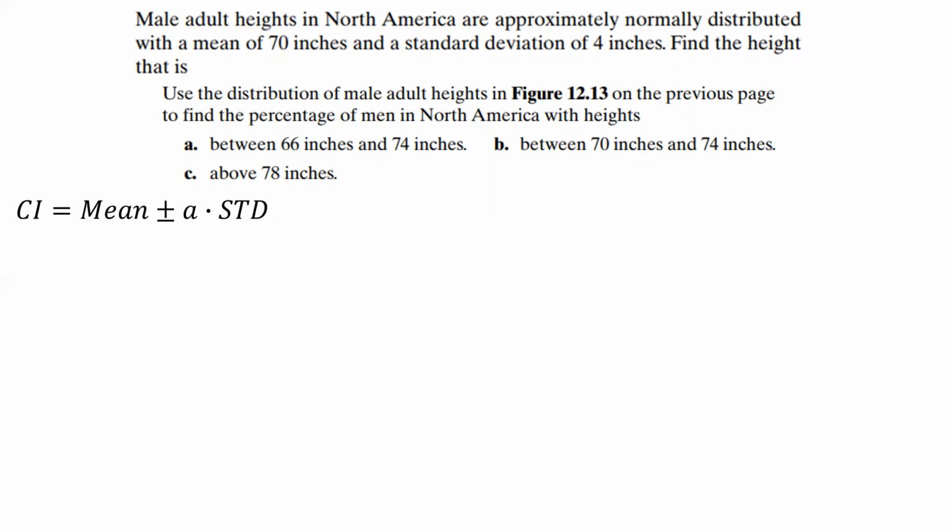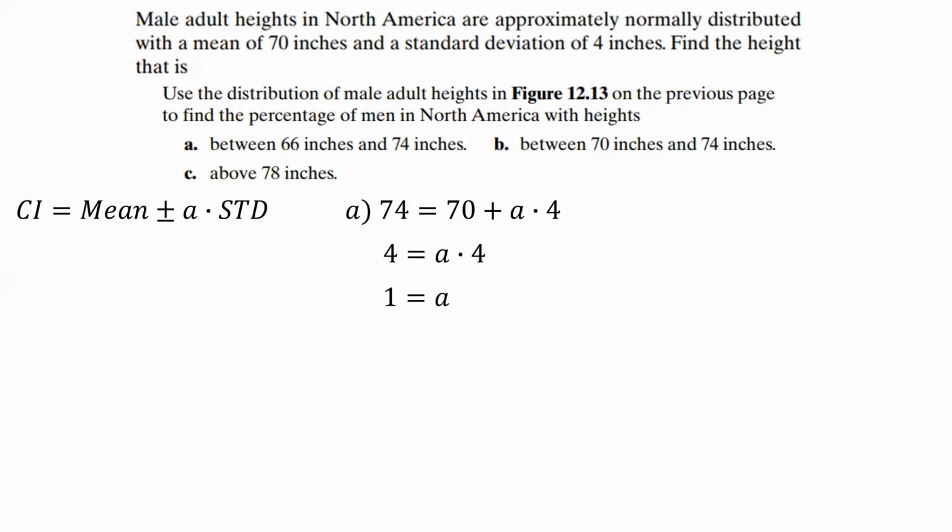So for part A, I know my mean is 70. I'm trying to find the amount of people that are between 74 and 66. So I just set up my equation. Plug in mean is 70, plug in standard deviation is 4, plug in my interval of 66 to 74, and I solve for A.